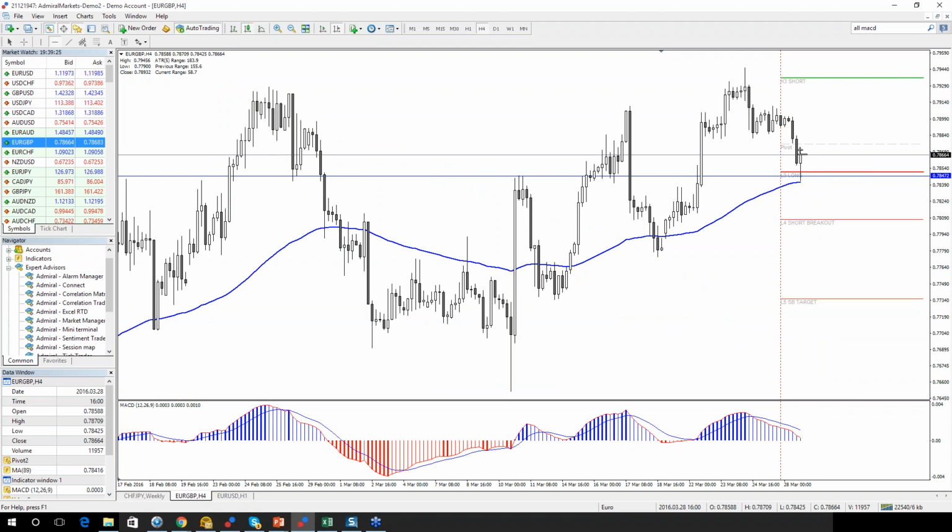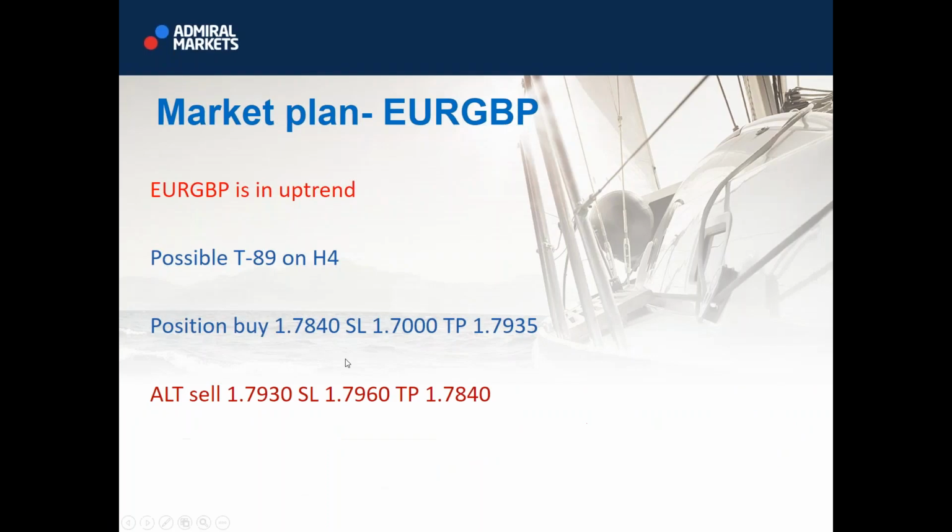If this closes like a hammer, it will be T89. So this can be T89, rejection of our POC zone. So if this closes bullish, we possibly could see a bullish price action on Euro GBP.